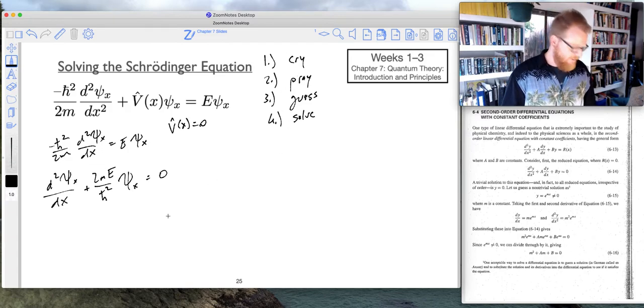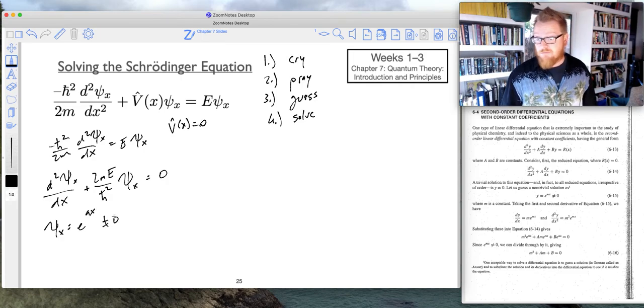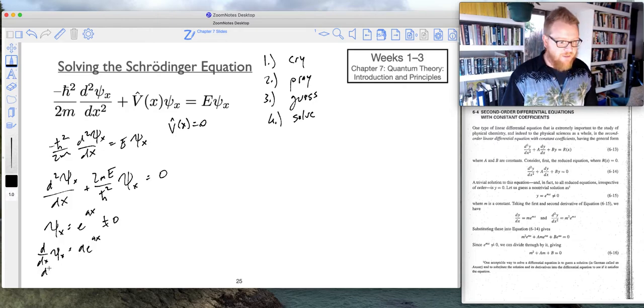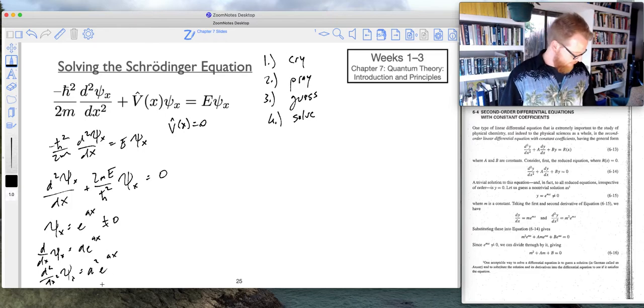So we're gonna guess that psi of x equals e to the ax, and that cannot equal 0, just like I did before. We're going to take the first derivative, d dx of psi of x, and that equals a e to the ax. And then we're going to take the second derivative of psi of x, and that equals a squared e to the ax.